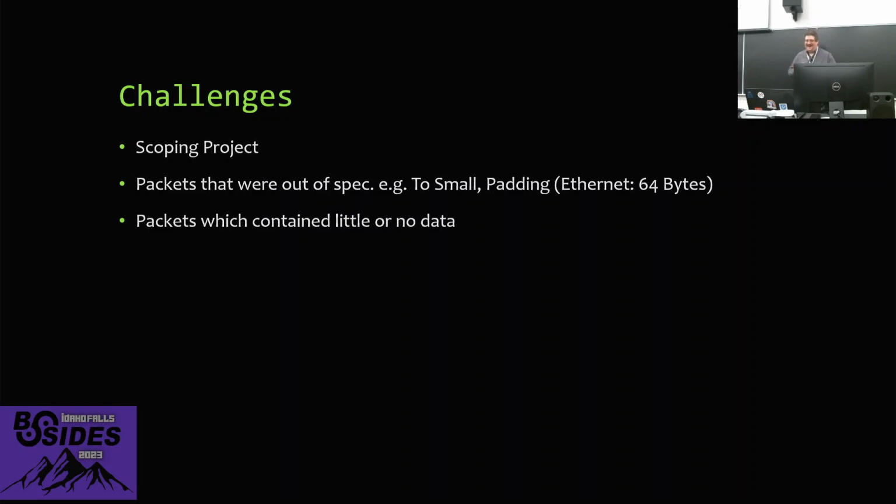So, challenges. This was my senior project for my master's. The first challenge was that I wanted to solve the world. After talking to my professor, we worked through how you scope a research paper and a research project.